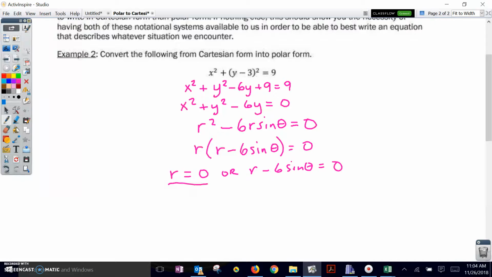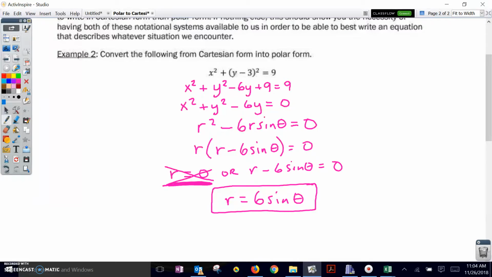And this is really pretty trivial. At some point in time on this other curve, we'll end up with a radius of 0. So we're going to ignore this one and solve this one for r. And we get that the polar equation that represents this Cartesian equation is r equals 6 sine of theta.